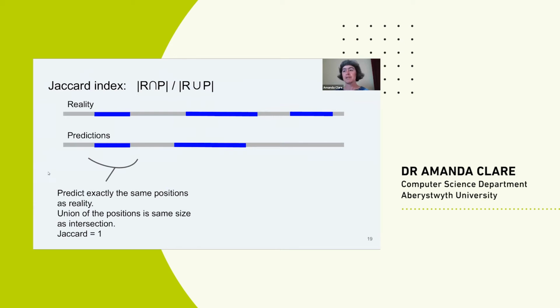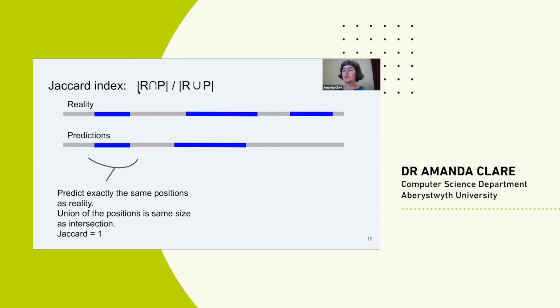And if we applied this concept to our interval prediction, we could say that when we predict exactly the same positions as reality, then the intersection of the predictions and reality is the same, and the union is the same, and then the Jaccard index is just 1 because we have 1 divided by 1.